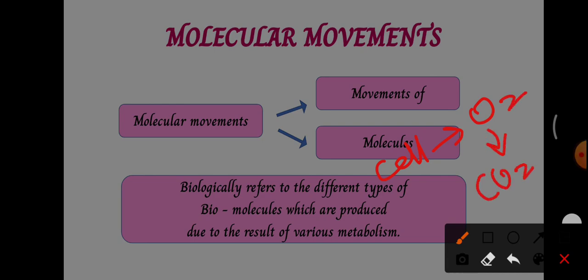So this carbon dioxide and all other kinds of nitrogenous waste, etc., need to be removed from our body, otherwise they will produce dangerous effects in our body. So here we can see that the blood will be removing all these kinds of waste materials from each and every cell.